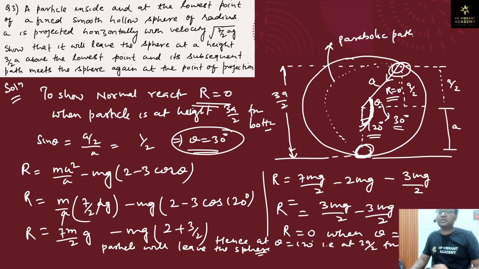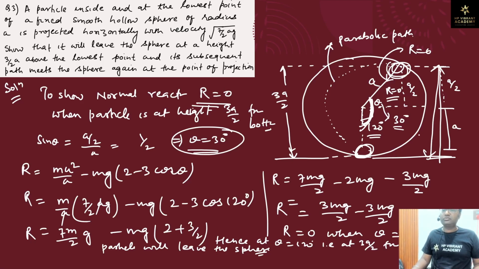Because here R is equal to 0 and theta is equal to 120 degree, this whole distance is 3a upon 2, because theta is equal to 120 itself we have calculated based on this distance. So this particle will be at a distance of 3a upon 2 from the bottom, and at that particular distance it will leave the surface, okay, and follow the parabolic path.